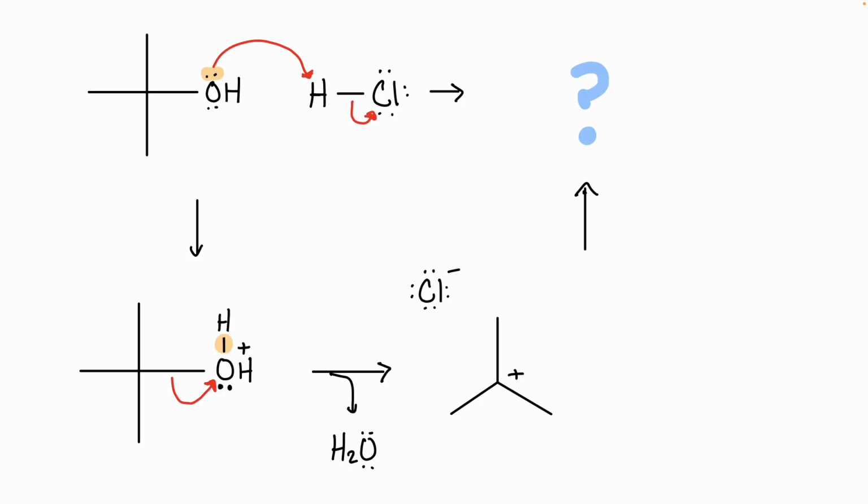That chloride ion is our nucleophile. It's going to attack that electrophilic carbocation. So that's how I get my substitution product.